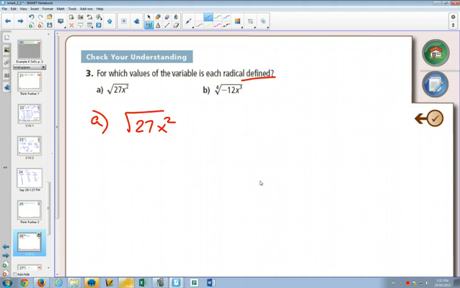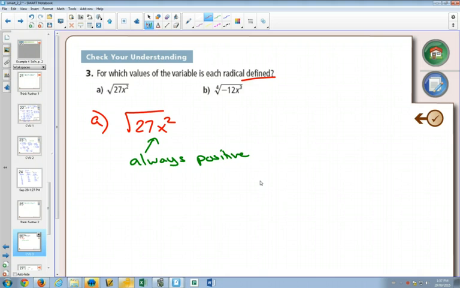No, because even if I put in a negative number like negative 5, it gets squared, which makes it positive. So the inside here is always positive, and any number that we put in will always work, so it's always defined.